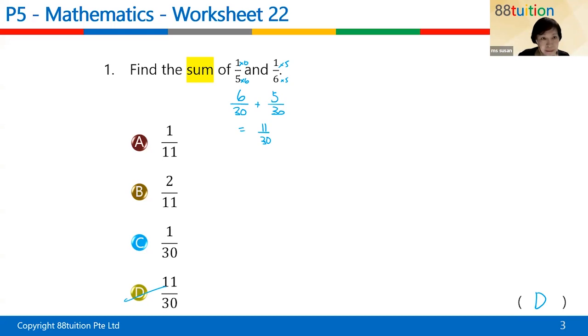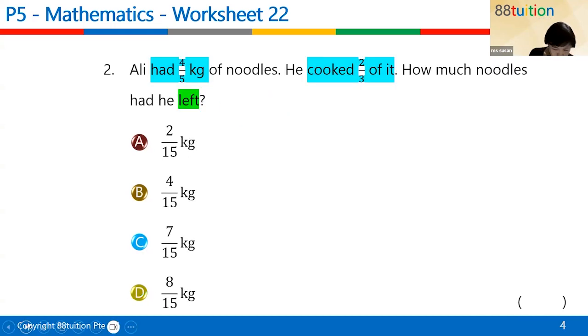All right. Question number 2. Who got this correct? Never mind. I'll put my input here. You put your input there. It's talking about quantity, but partial of it.